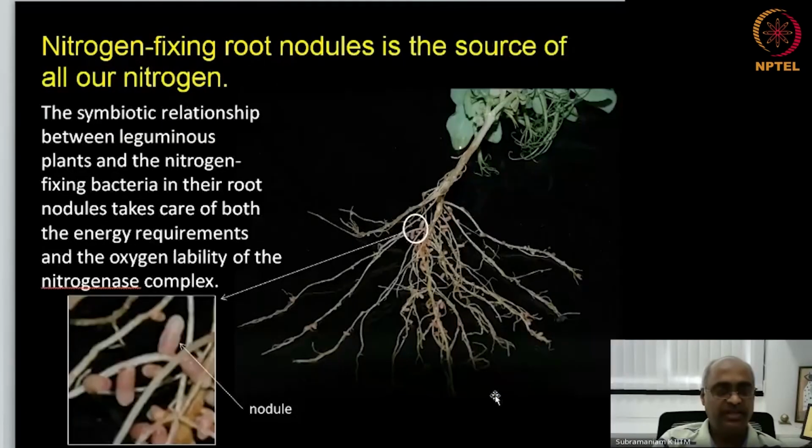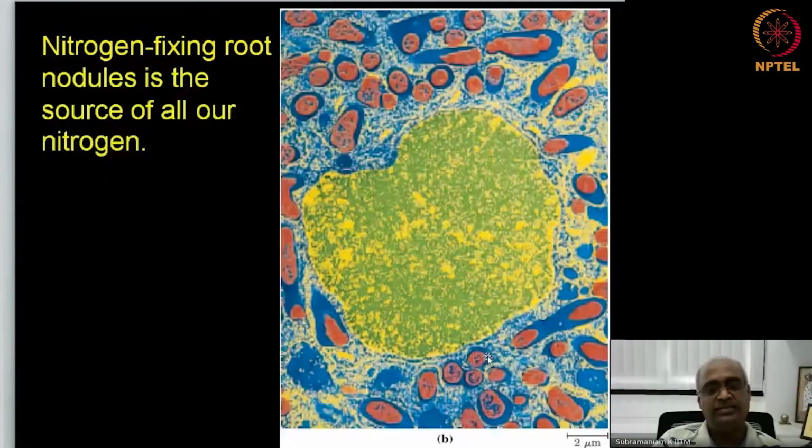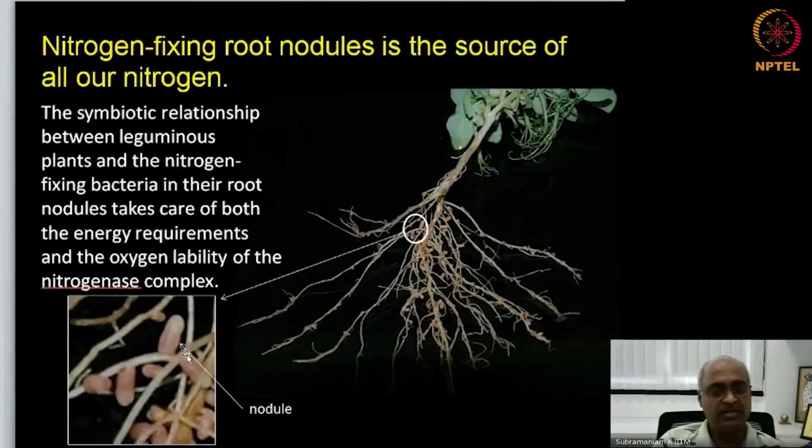So if you take a cross section of this and look at one single cell, so this is a single cell of the nodule structure.